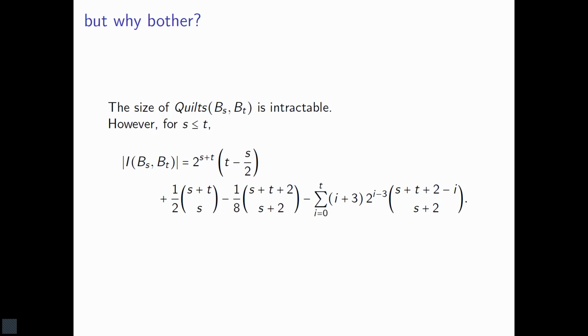BS is Boolean, yes. So Boolean of rank S and Boolean of rank T, and if S is less or equal to T, using this description of the poset of join irreducibles, we get this interesting enumeration. And actually, this is all I have to say.